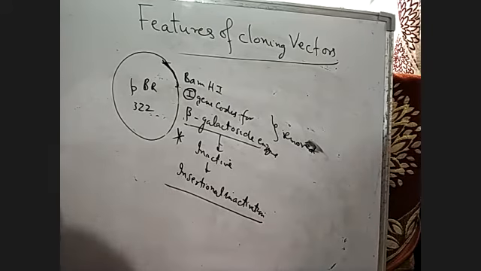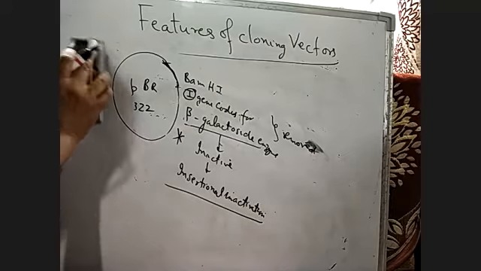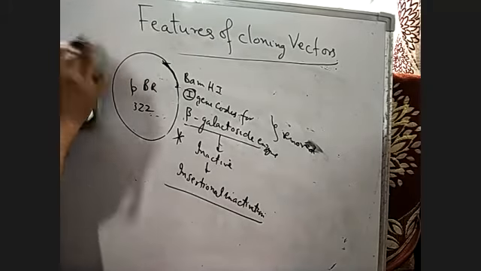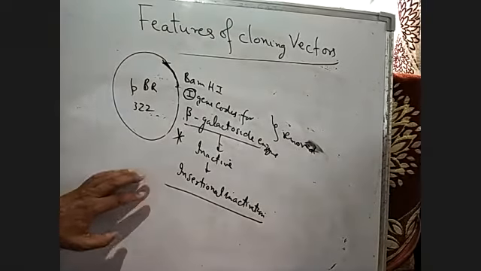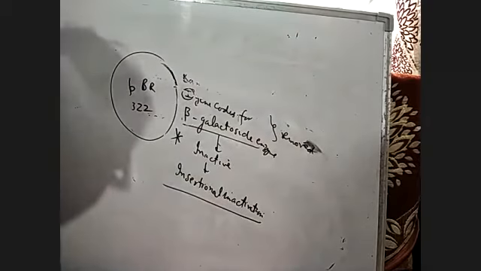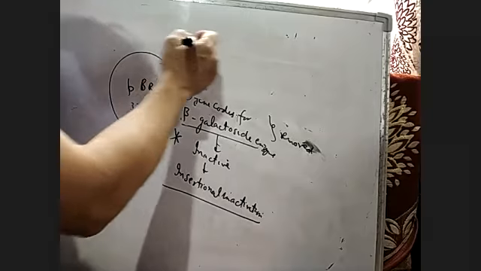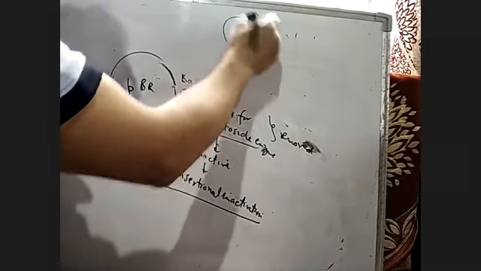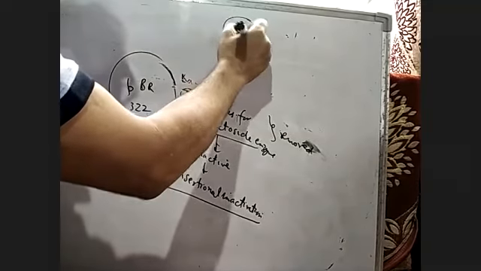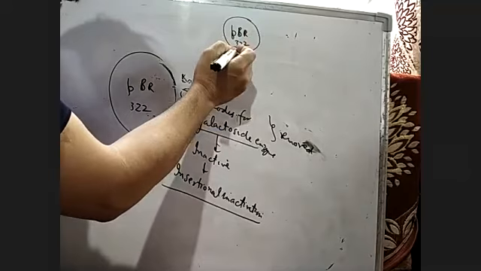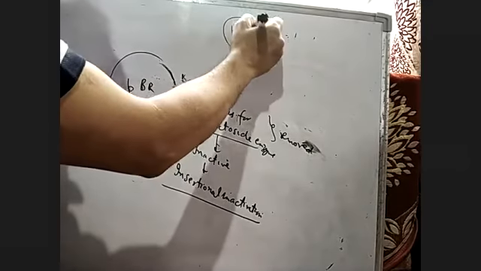Then one more thing, let us see that. Here we take the plasmid vector pBR322 with the desired recombinant DNA.